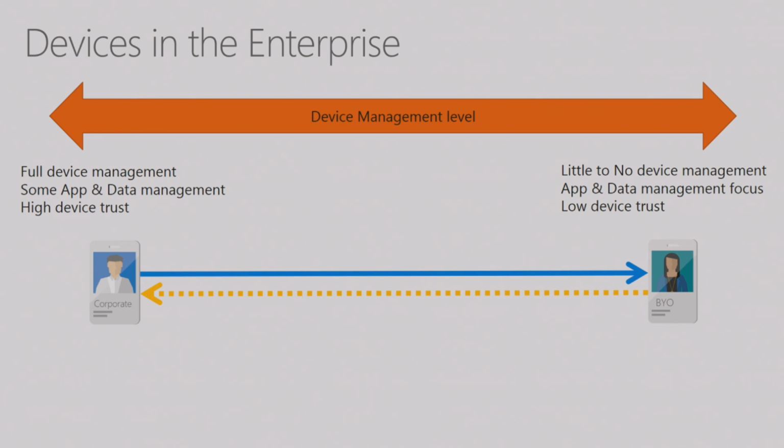Or they may actually bring their own device in, but yet you're in a highly regulated industry, and you need to be able to control those devices a lot more if users are going to be able to get access. And so we know that where you lie on this spectrum, on this scale of device management, really depends on your individual situation.